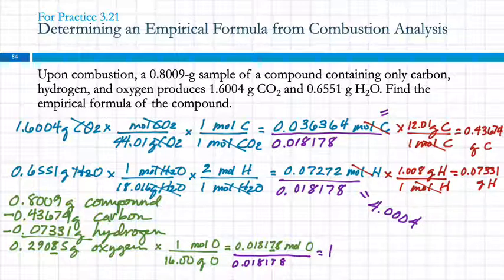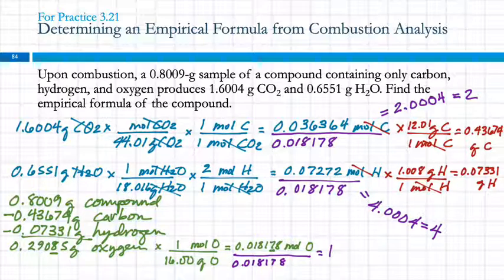And so this is giving me 2.0004. So that can be rounded to 2. This can be rounded to 4. And the other one's a 1. Right? So I don't have to multiply all of the ratios. I can just write them down.